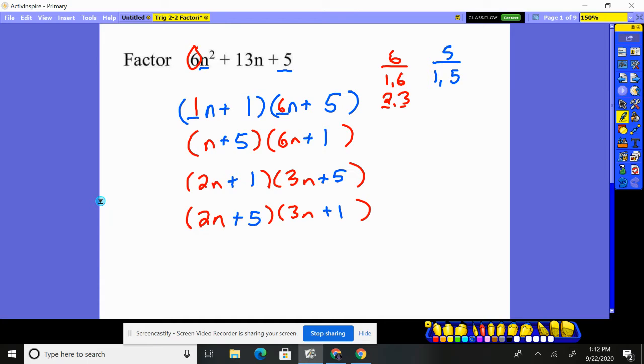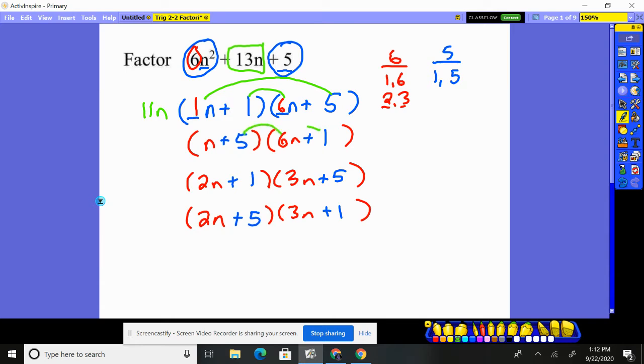Every one of these 4 possibilities will give you 6n squared and give you 5, but only one of them will give us the 13n we desire in the middle. How do we find that? Well, we simply know that's always going to come from these outer numbers multiplied and when these inner numbers multiply. Well, notice that would be 5n and 6n. That would be 11n. That's not what we want.